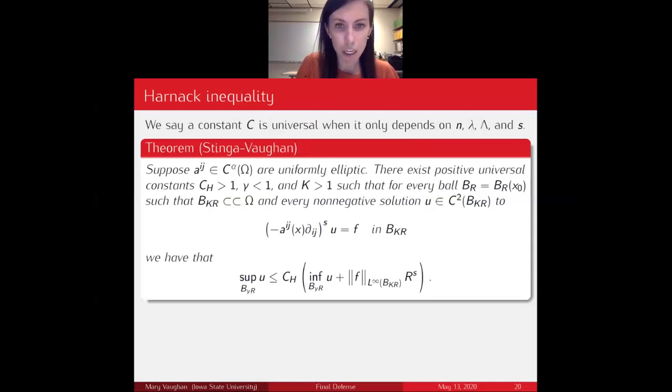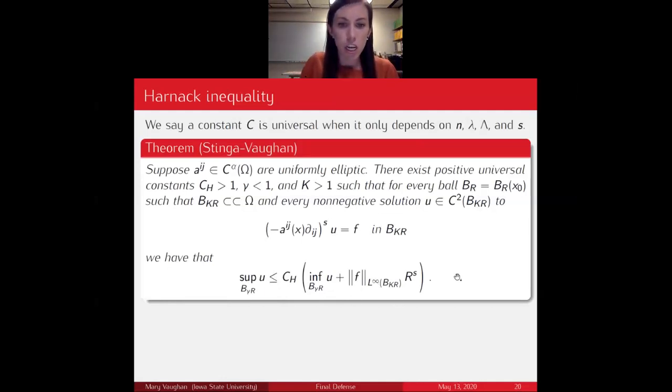compactly contained in omega. And for every non-negative solution, u, that's C2 in the ball, to our fractional equation, then we have that the supremum in a smaller ball, so here gamma is less than 1, the supremum in the smaller ball is controlled, with a universal constant, by the infimum in that smaller ball plus the L infinity norm of f.